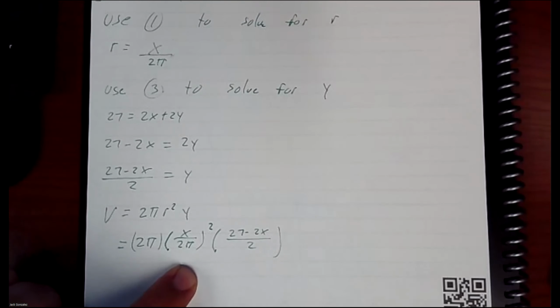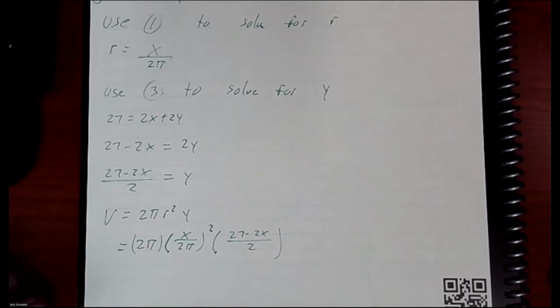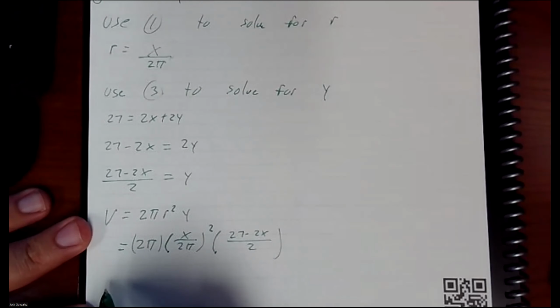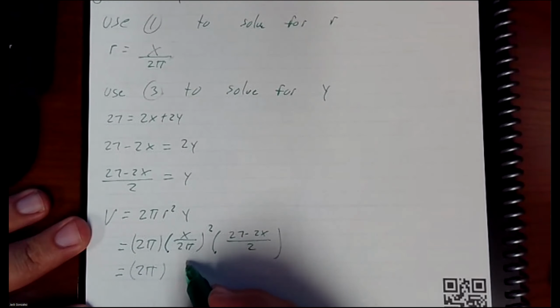So let's make this pretty first before we go any further. Combine all this nonsense. I'm gonna have to go to the next page, but this will be 2 pi times x squared over 4.